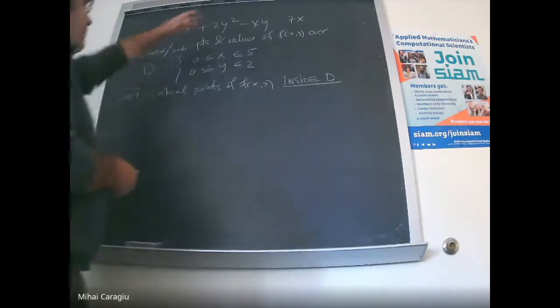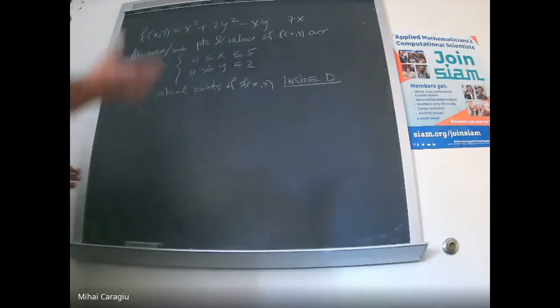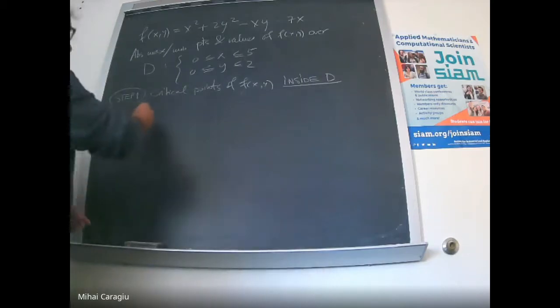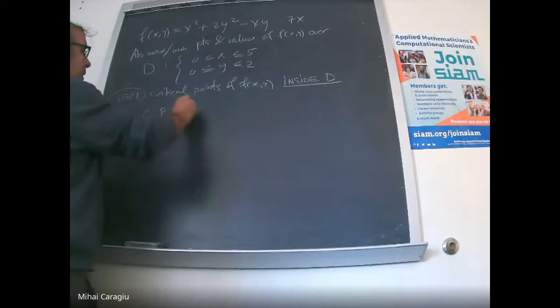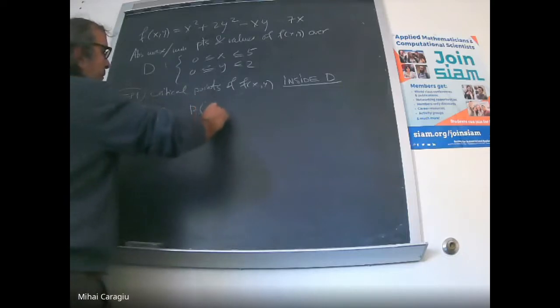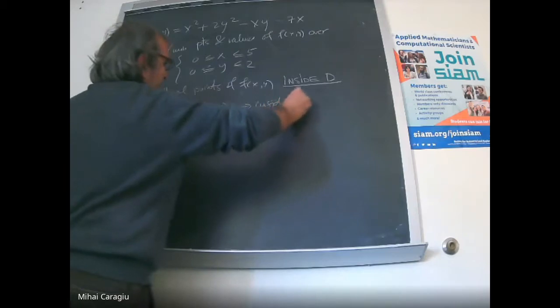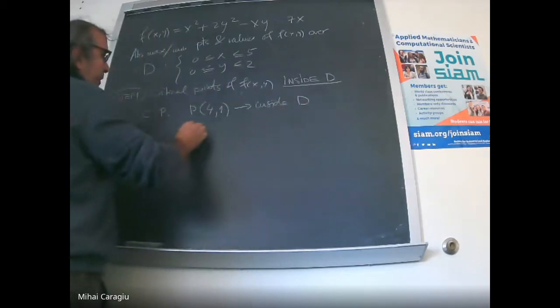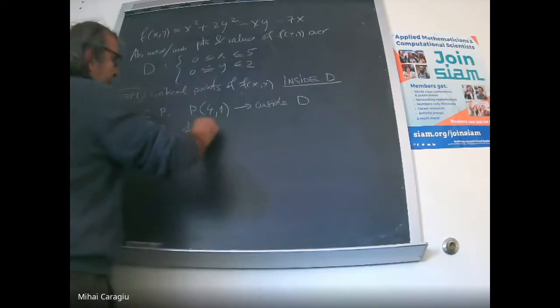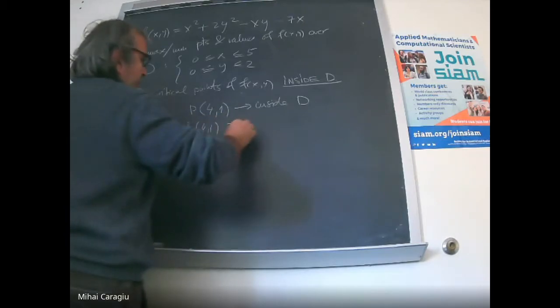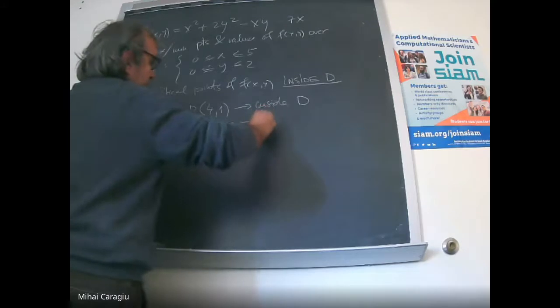That's why I use the same function, so that I will not repeat the formal calculations. We just found the only one critical point for f of x, y, and that critical point is P with coordinates 4 and 1, and this point is inside D. The critical value, f of 4 and 1, we found to be minus 14.